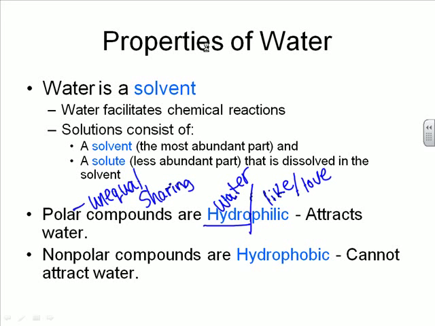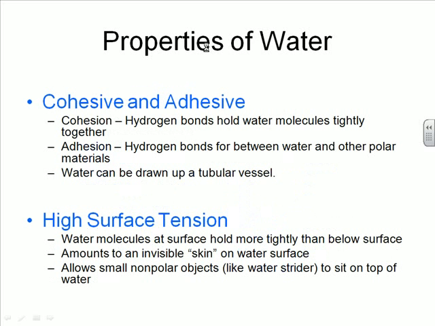In other words, polar compounds easily attract water. Whereas nonpolar compounds, where our sharing was equal, tend to be hydrophobic. They fear water. They cannot attract water. For example, oil would be a hydrophobic compound.